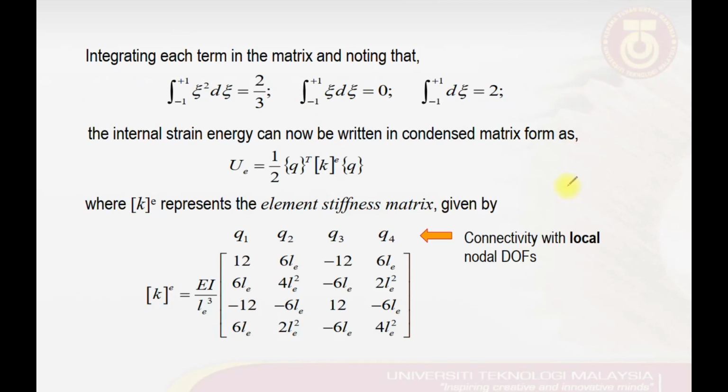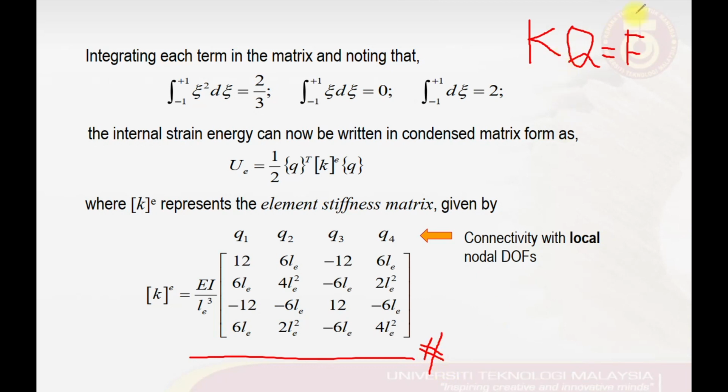So we have to set up the system of linear equations, which is in the form of KQ equal to F for our structure. Then for each element, we have to calculate or prepare the element stiffness matrix, which is given by this equation, and it must be applied for each element.